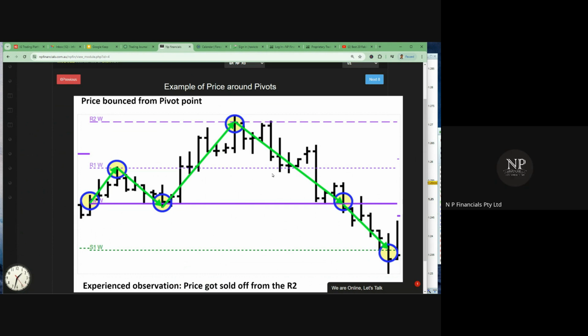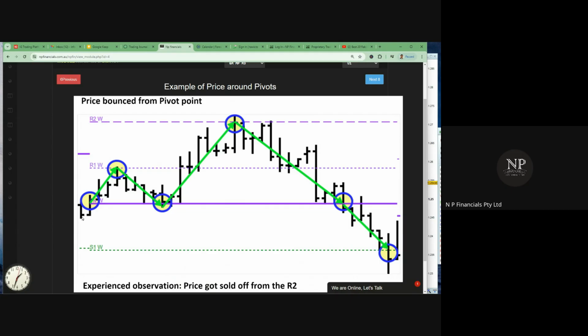This is another example of price bouncing from pivot. Price came from below to above the pivot, and then stayed above the pivot. Price went up, did a rule of 4 at R1, tested the R1, and came back to retest the pivot, to test the buyers' eagerness, willingness, and commitment. Price always tests and retests to know whether the buyers are committed, eager, willing, or controlling the market.